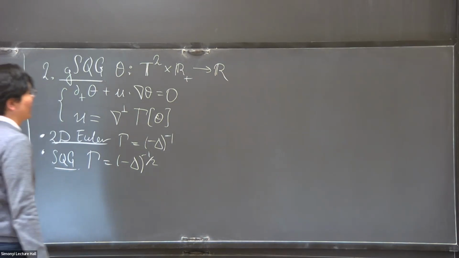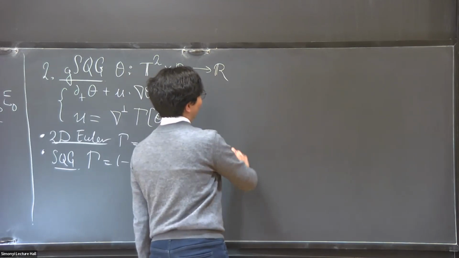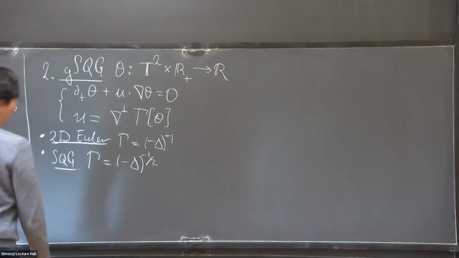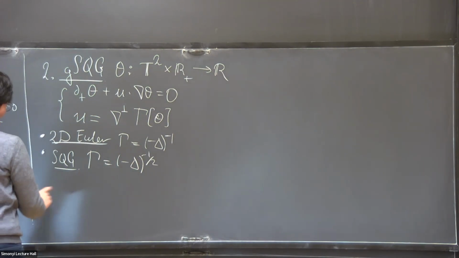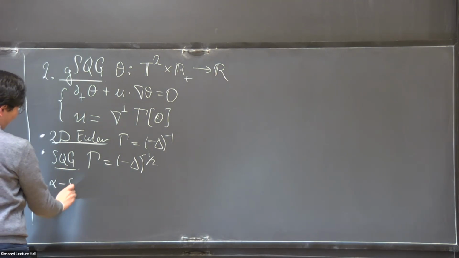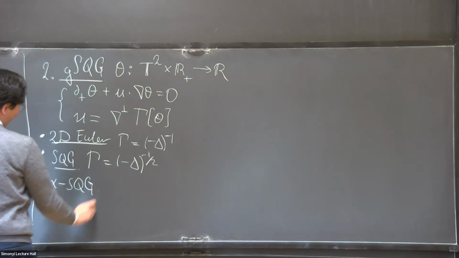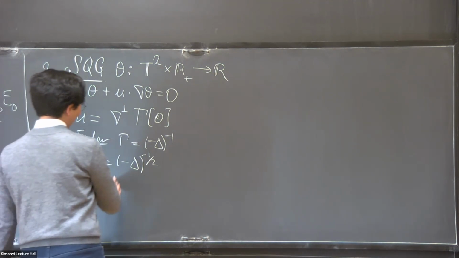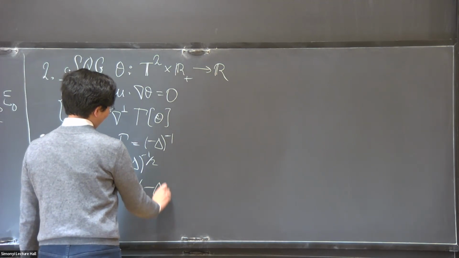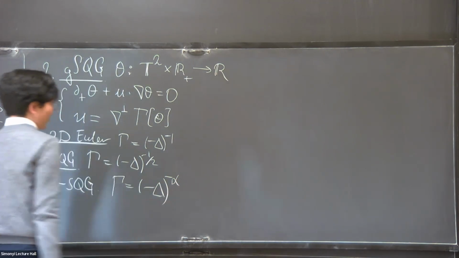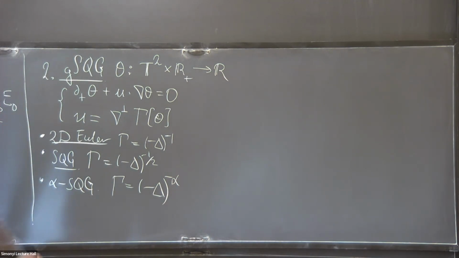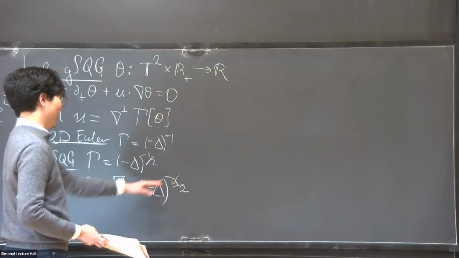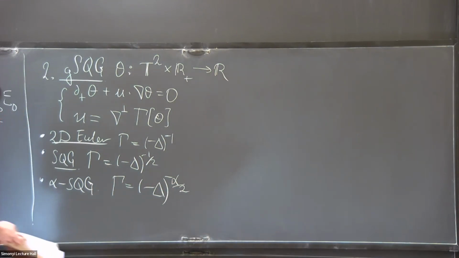So at this point, I want to draw you some diagram. Based on these two examples, people have been studying a lot this generalization, the so-called alpha SQG equation, where you simply take gamma to be the minus alpha over 2 power of the Laplacian, so that alpha becomes the unit of order.